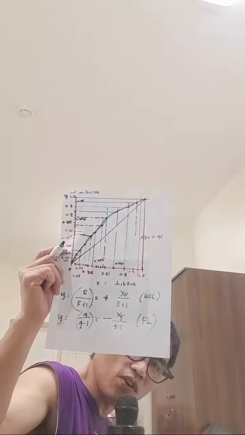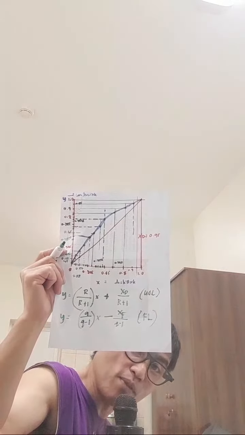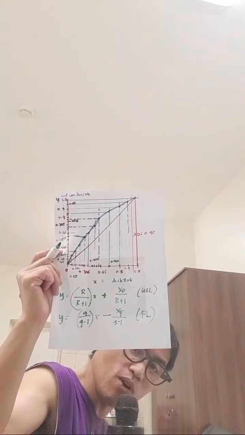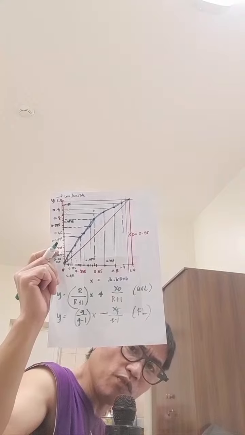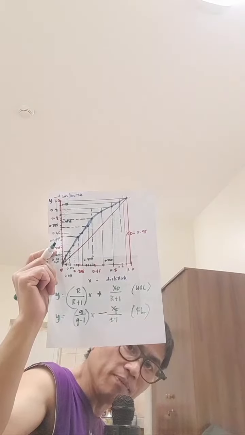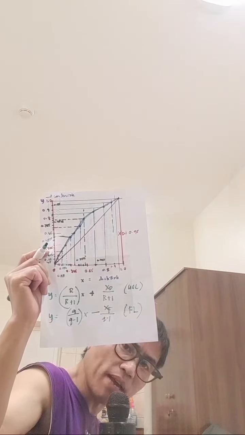Now, in order to connect this in our feed line, we need to know the y-intercept here. xD over R plus 1 is our y-intercept, or the b in algebra. Small letter b is just equal to the y-intercept in the general form of the slope in algebra: y is equal to mx plus b.